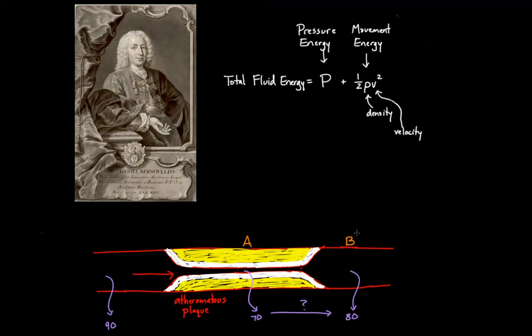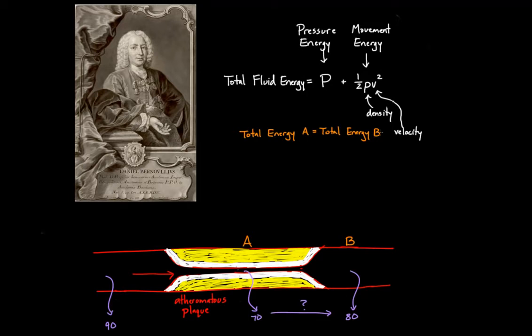Now what Bernoulli wanted to say is that pressure and movement energy, in this case, combine to stay the same over time. So A and B have the same total energy. So total energy remains the same between the two points. So total energy at A equals total energy at B. And if we think about it that way, then you actually can easily figure out what is going on.